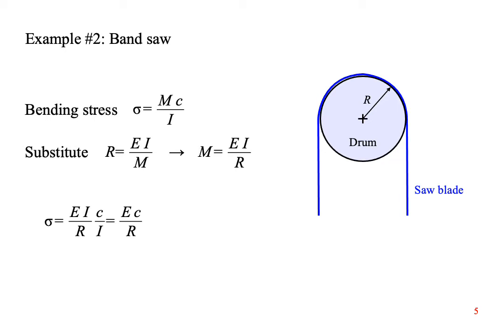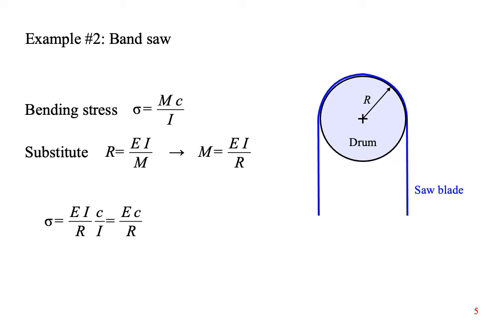The portion of the blade that is running over the drum is being bent with a constant radius. Therefore, we can use our equation r equals EI over M. Rewrite it to solve for moment, then substitute the result into the bending stress equation. We find that the bending stress equals Young's modulus times c divided by r.